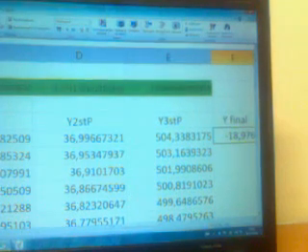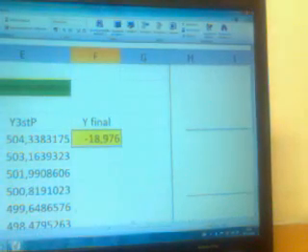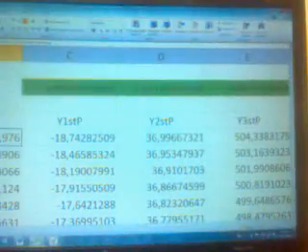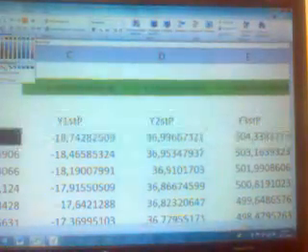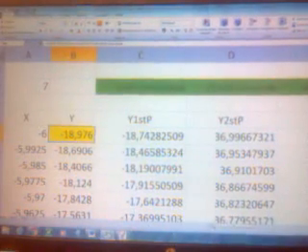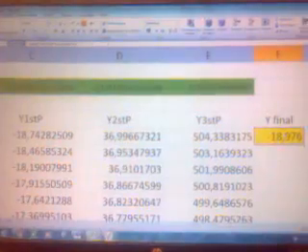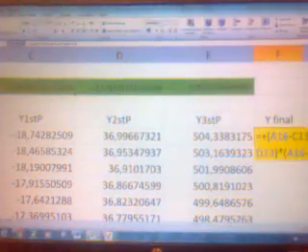I'll mark it for you in yellow. It is the same number as this one, and that's what you expect. Let's put it in yellow as well. Okay. And this should be done for all numbers.